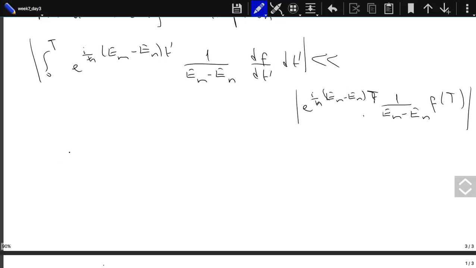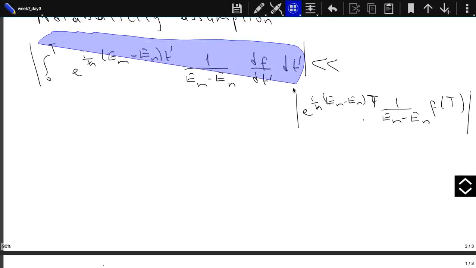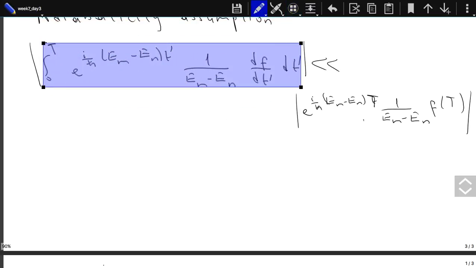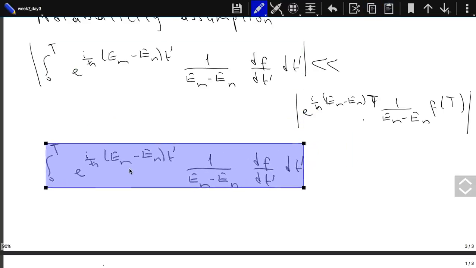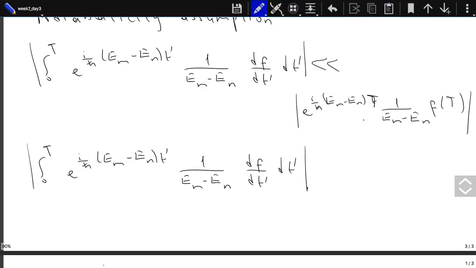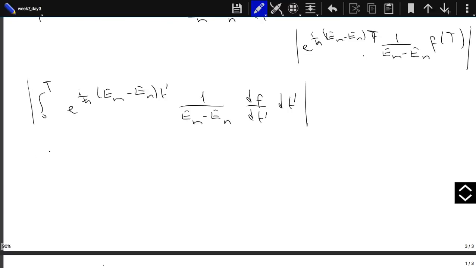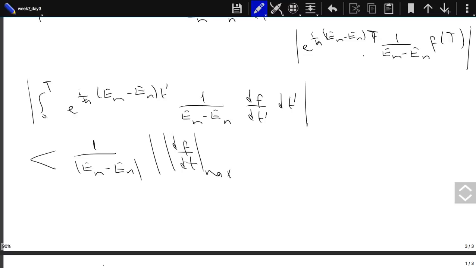So let's look at the first term, the integral. This integral is less than the maximum value of the absolute value of the integrand, 1 over Em minus En times df over dt, the maximum value, times t. This is a typical estimate of that integral.